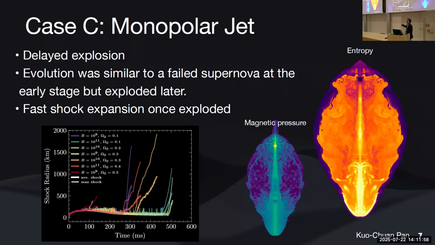Because of this sloshing motion, sometimes you can have higher neutrino heating in one direction, and that strong neutrino heating can power the explosion and launch these monopolar jets in one direction. On the other side, also due to the SASI, it brings lots of accretion, and this accretion continues to power the monopolar jets. Then you have this very asymmetric explosion.